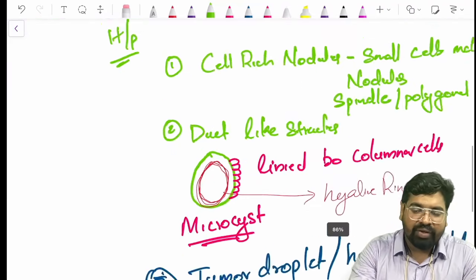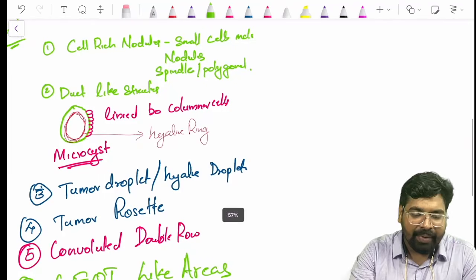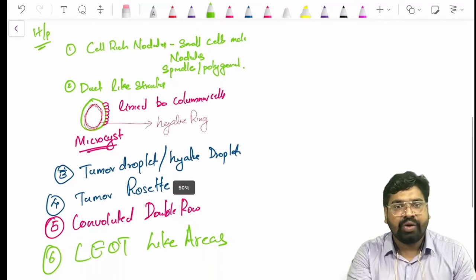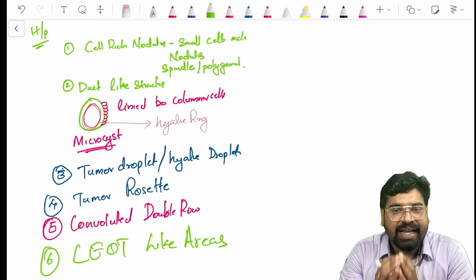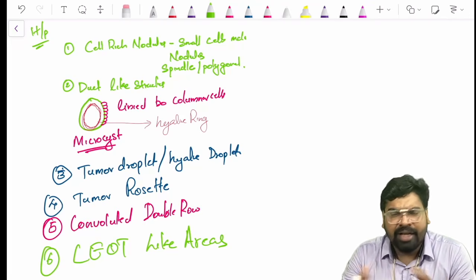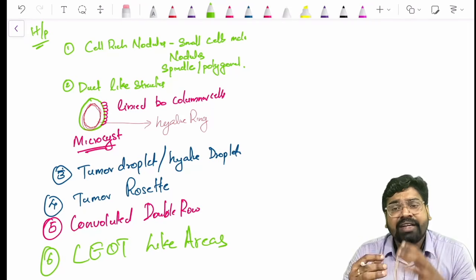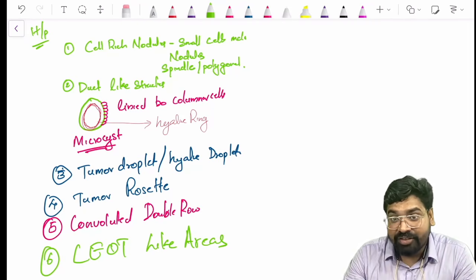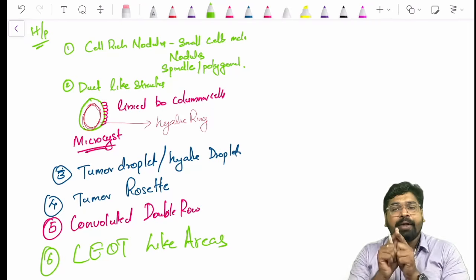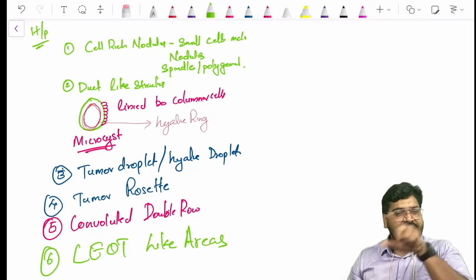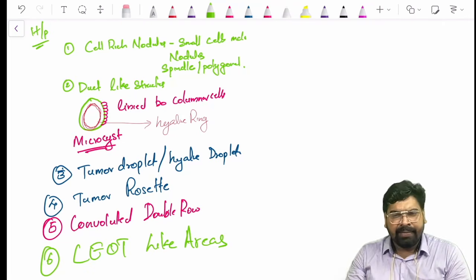So let us have a recap of all the histological structures you see. You are seeing cell rich nodules, small nodules of cells which are spindle or polygonal. You are seeing duct like structures or microcystic structures lined by columnar cells. In the center you see a pink ring, called a hyaline ring.